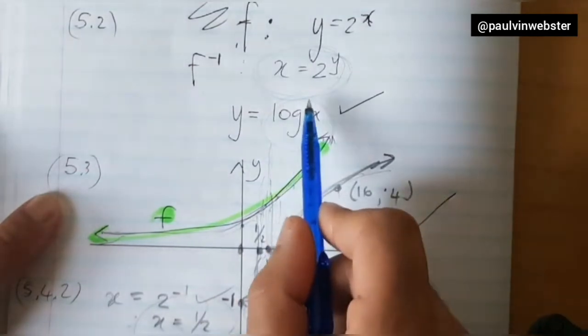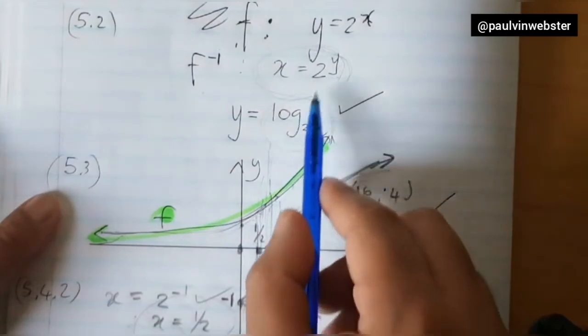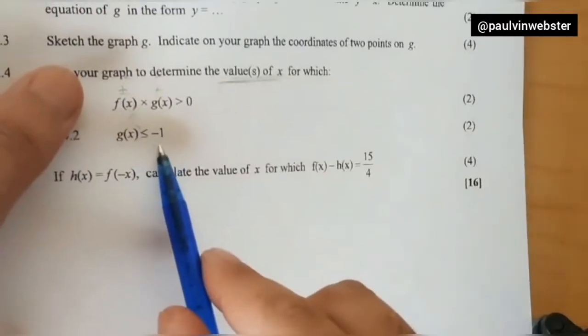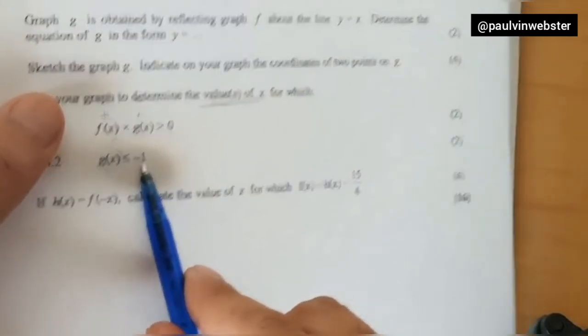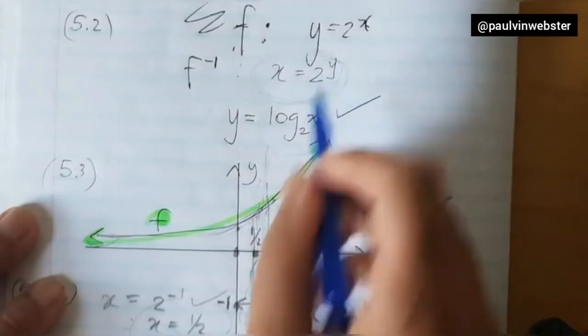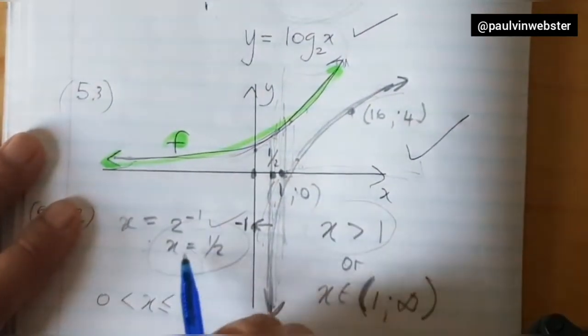So we got to this point. Then I said I'm going to use this so that I can substitute in y equal to -1. So that's what I did here. My y is going to be -1, and I got an x equal to a half.